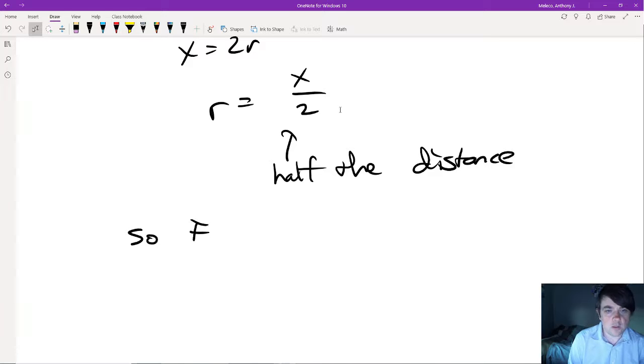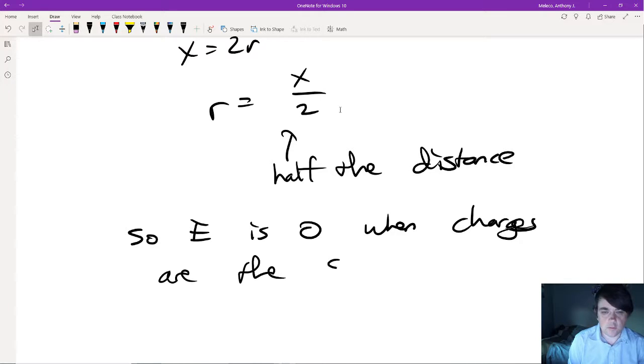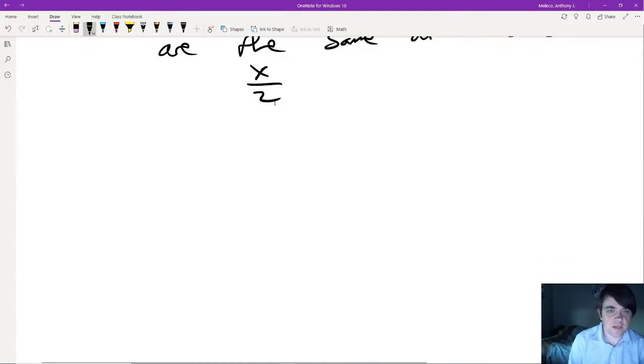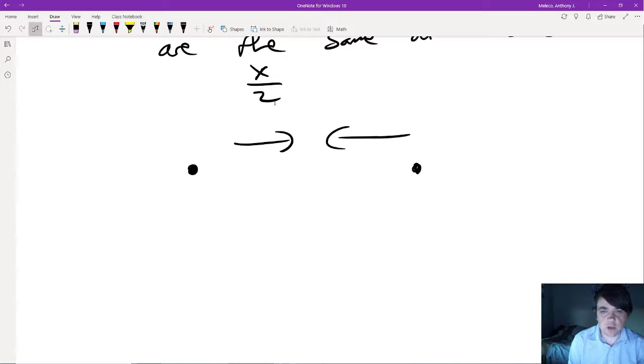So E equals 0 when charges are the same at a distance x over 2. And if you think about this, this kind of makes sense, right? So you've got a charge here and a charge here, and they're both pushing. And if they're the same charge, halfway in between, they should be 0, right? Because they will perfectly cancel.